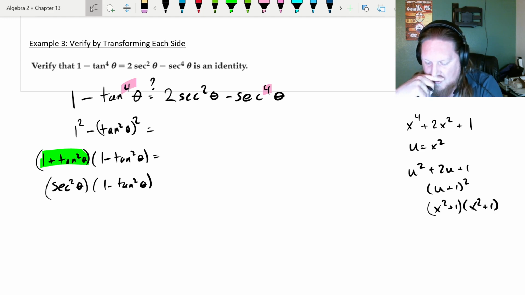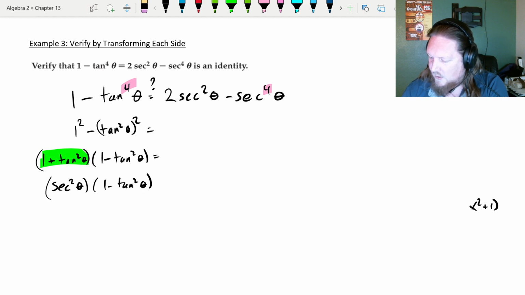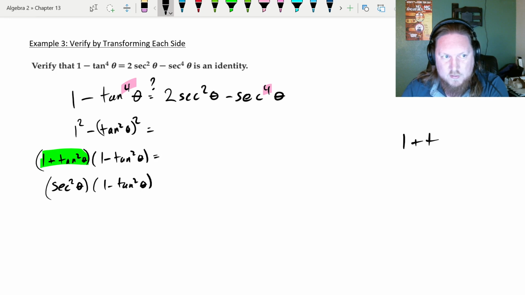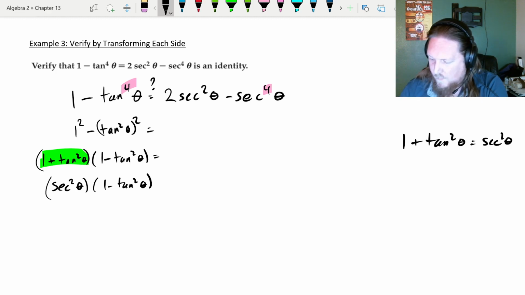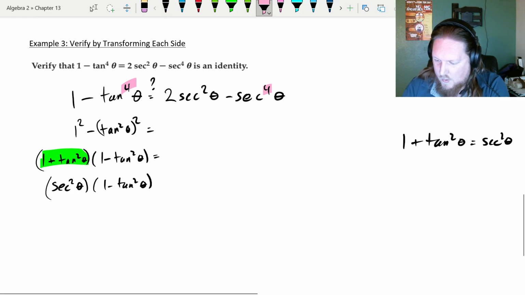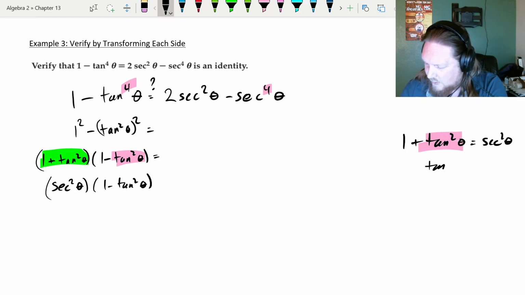Let me write down the identity we were just working with: 1 plus tangent squared of theta equals the secant squared of theta. Well, I still have a tangent squared here, so tangent squared theta equals secant squared theta minus 1.